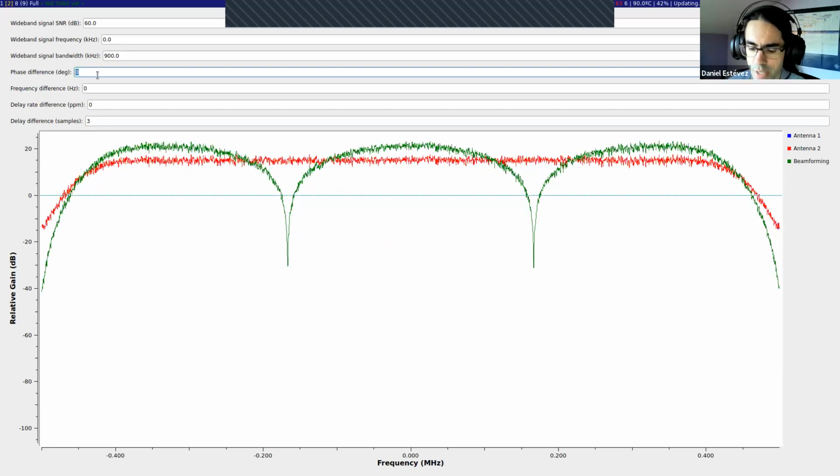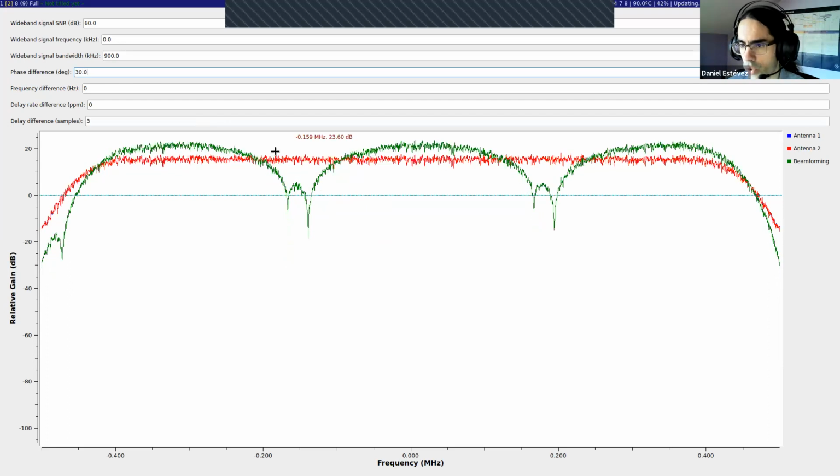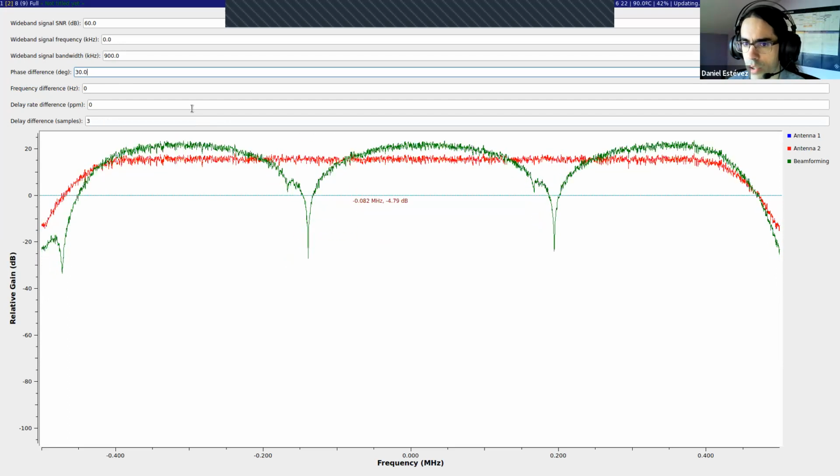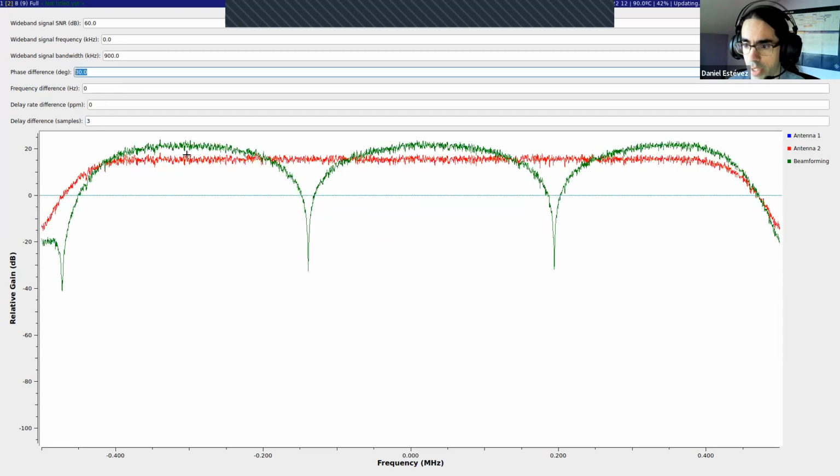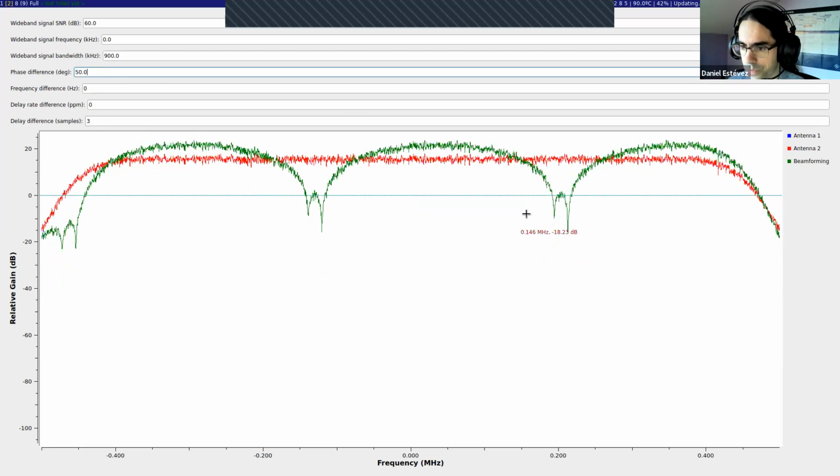If I set a phase difference of 30 degrees, you can see that on top of the phase caused by the delay difference, we add 30 degrees. So now the points at which there is destructive interference change. And if I set 50, they change.